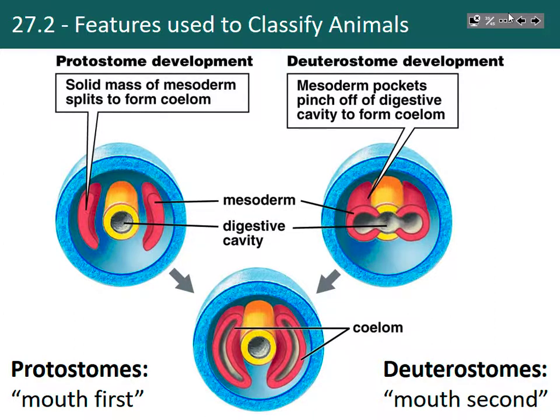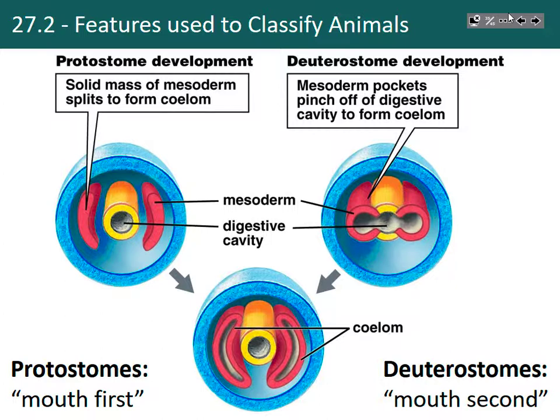And that becomes the mesoderm layer. In deuterostomes, the mesoderm actually pinches off of the endoderm digestive cavity to form the mesoderm layer. I'm not really that worried about this. It's two different ways to get mesoderm, but it gives us some of our evolutionary boundaries in our tree of life.